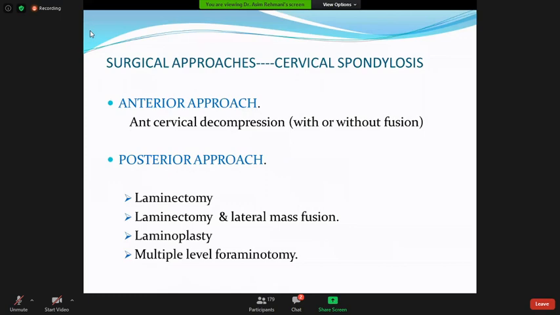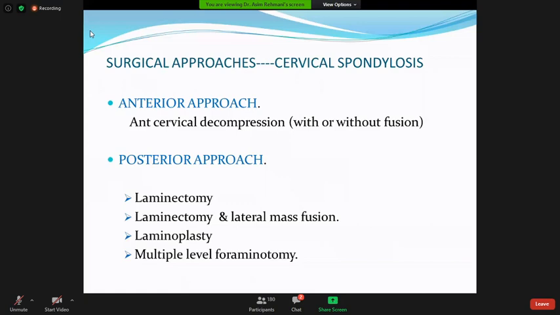which has a lot of variety, like laminectomy, in which we have to remove the lamina. This laminectomy can be done alone, or if the levels of laminectomy are more, it can be added with lateral mass screw fixation and fusion.